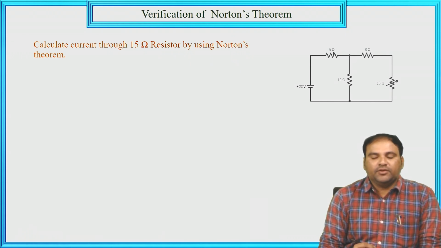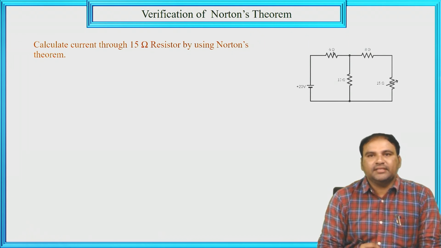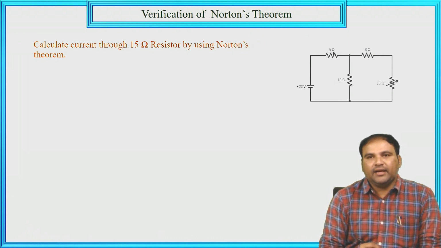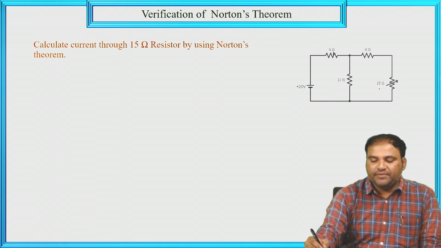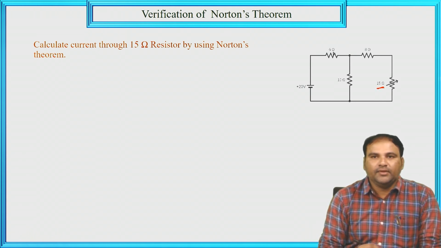In the given circuit, a 20 volt voltage source is there, a 6 ohm resistance, an 8 ohm resistance, a 12 ohm resistance, and the load of 15 ohms. Now across this 15 ohm resistor, we need to calculate the IL value, that is load current value.